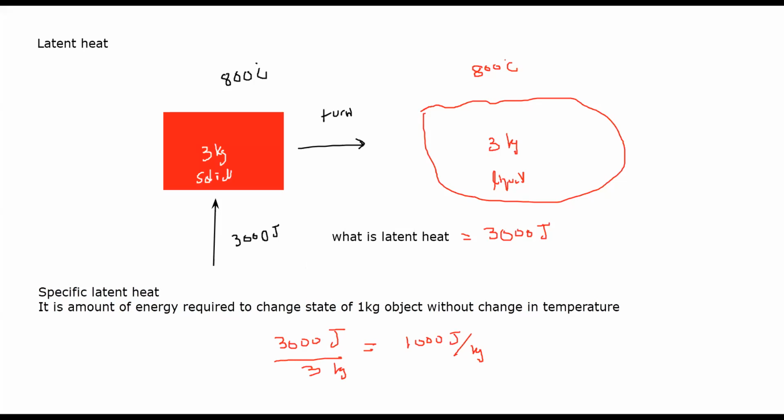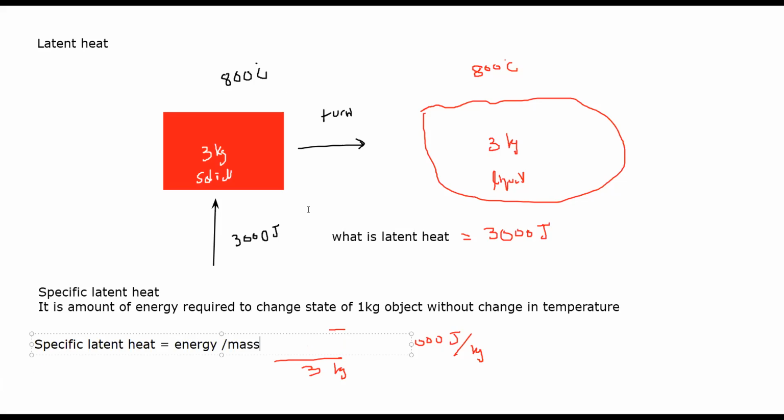So latent heat is the energy required to change the state, but specific latent heat means the energy required to change the state of a 1 kilogram object. And to find the specific latent heat, the formula is: specific latent heat is equal to the heat or energy divided by mass.